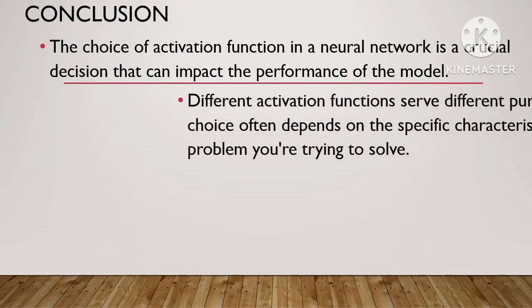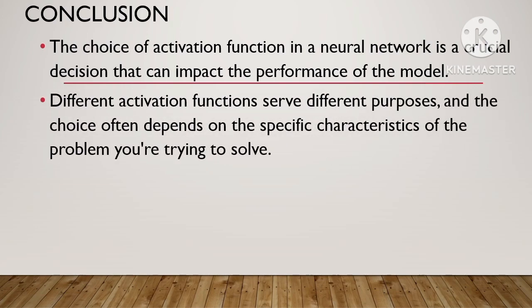Different activation functions serve different purposes, and the choice often depends on the specific characteristics of the problem you are trying to solve. So ensure that you understand the problem well, and from understanding the problem you can settle on the activation function to use.